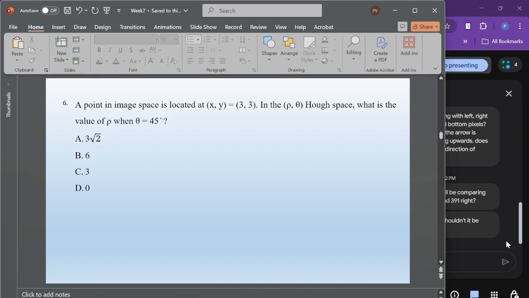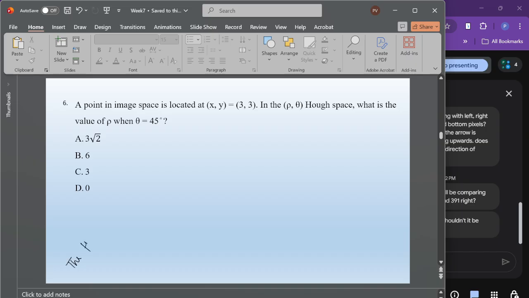So as we know, the Hough transform maps a point from the image space, that is xy, to the sinusoidal curve in the rho-theta parametric space, right? So I can write it here.